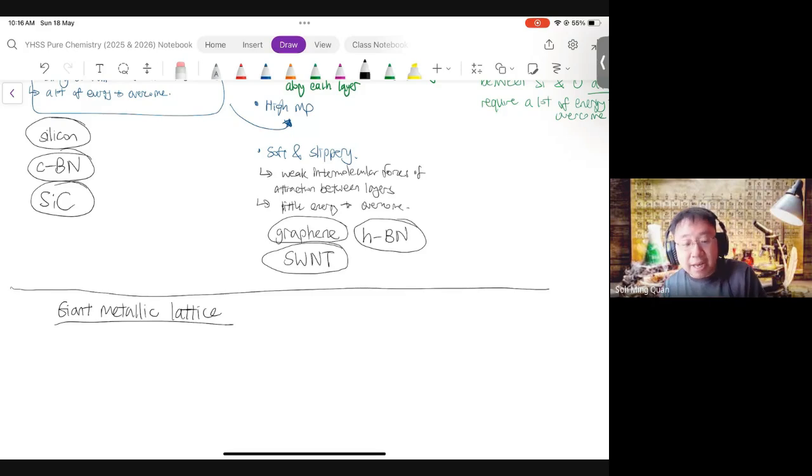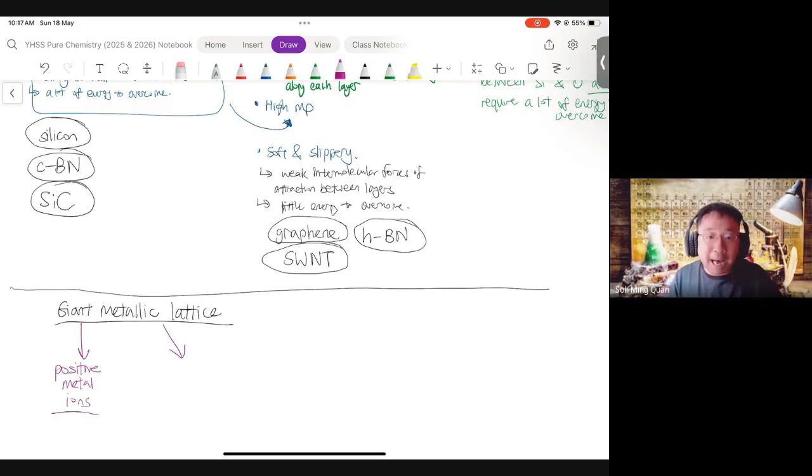You must be very clear and disciplined with your words. There are two types of particles in a metallic lattice. The first one is the positive metal ions, like Na+, Ca2+, basically ions. The second particle in a giant metallic lattice is your sea of delocalized electrons.